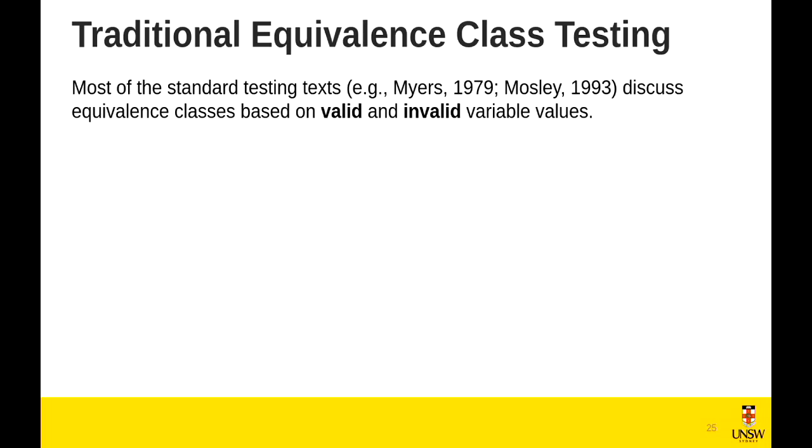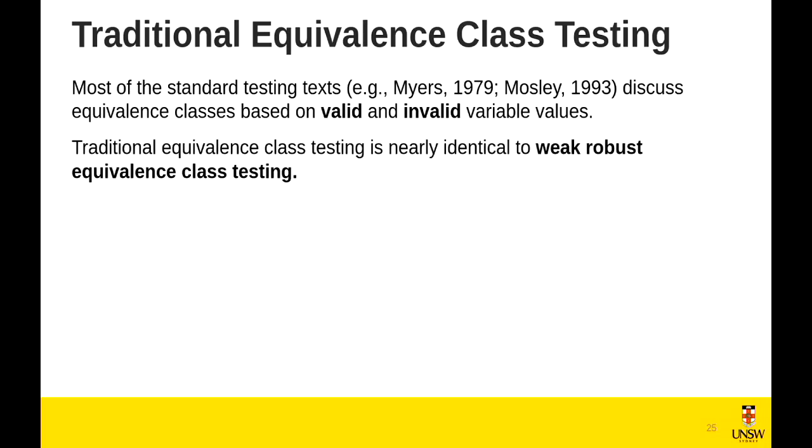In some of the standard texts, like the very old ones, I haven't read them, but I cite someone else, the equivalence classes are decided based on whether the input is valid or invalid. So this is very close to weak robust equivalence class testing in modern equivalence class testing techniques.